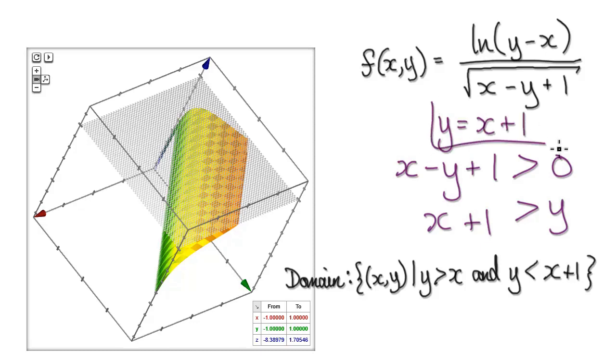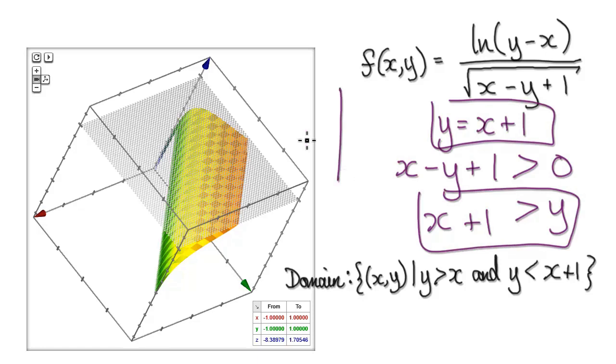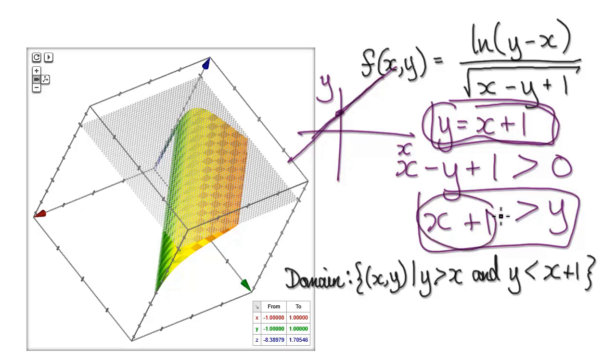Draw your domain. Well, let's just draw this line, y equals x plus 1. So that would be this bit here. Intercept of 1, a gradient of 1. So that's this thing here. But we need to demand that this thing be greater than y.